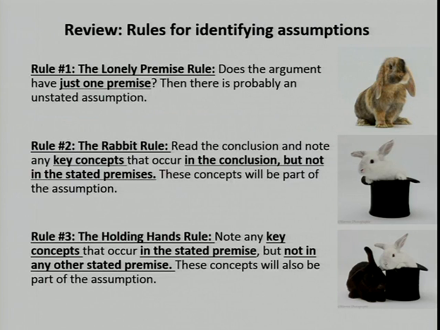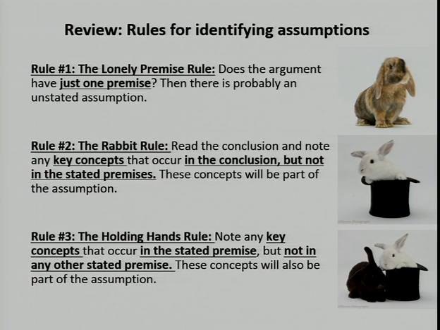We then looked at 3 different rules for identifying assumptions. First of all, if you see a single premise, that is a good indication that there might be something missing. That doesn't work in all cases, but when there is a single premise, it's very likely that there is an implicit assumption being made that needs reconstruction. That said, if there are several premises, there might still be further implicit assumptions.